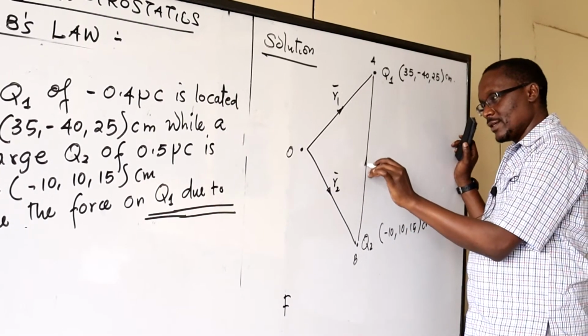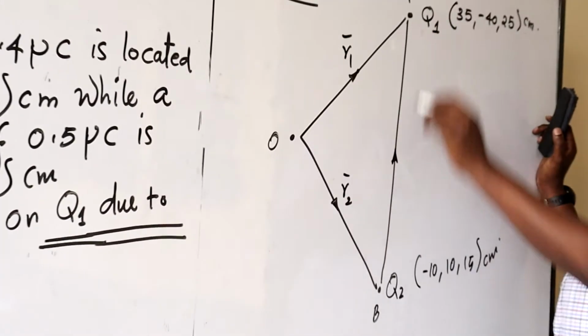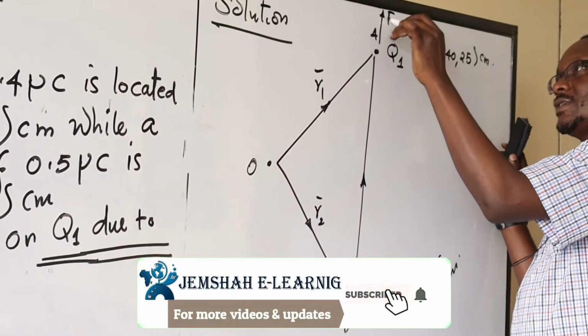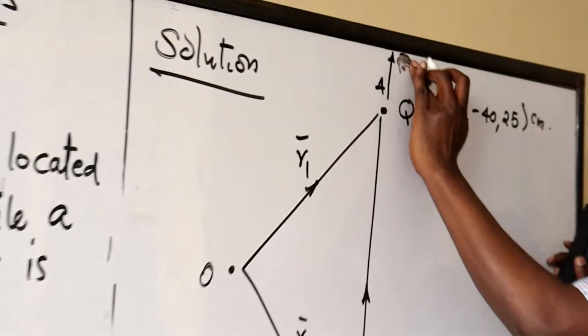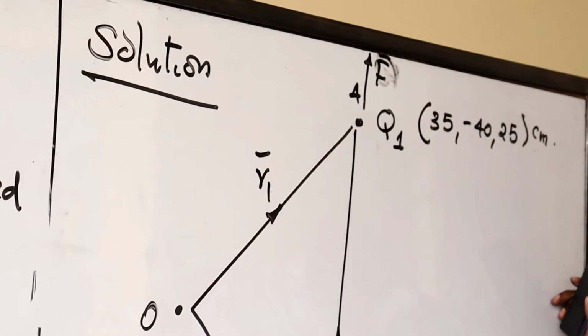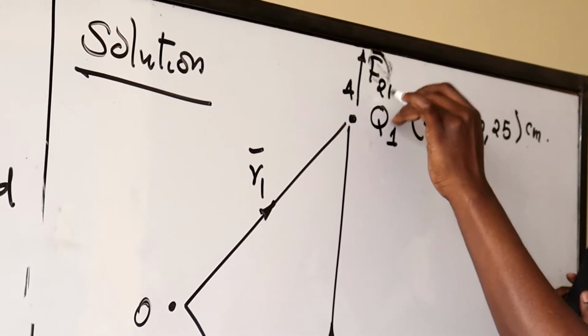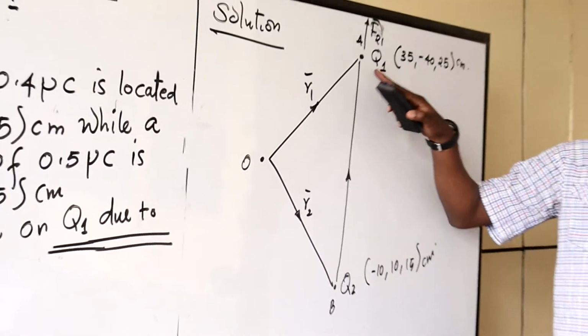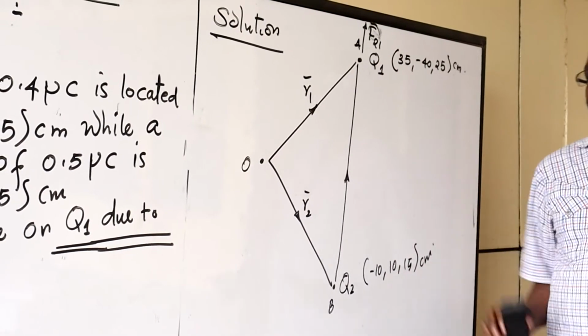So we are moving in this direction from Q2 upward, that way. And so this is F bar. It is 2, 1 as the direction, so we are moving upward. Force on Q1 due to Q2.